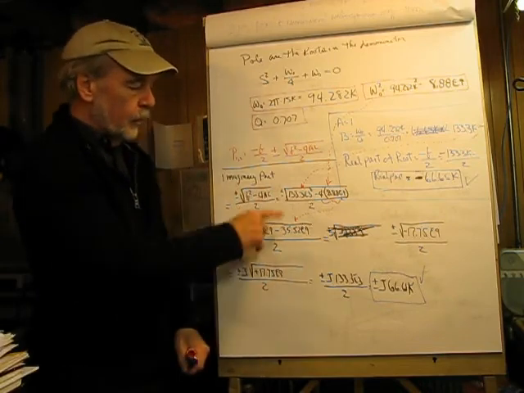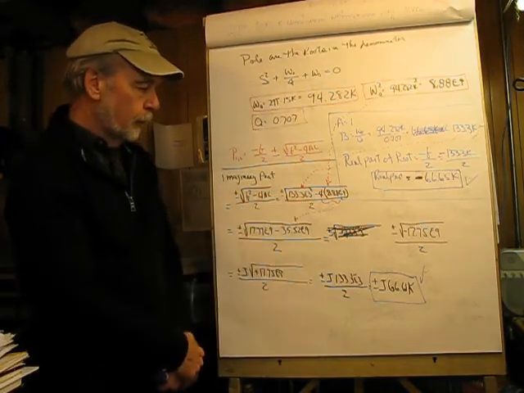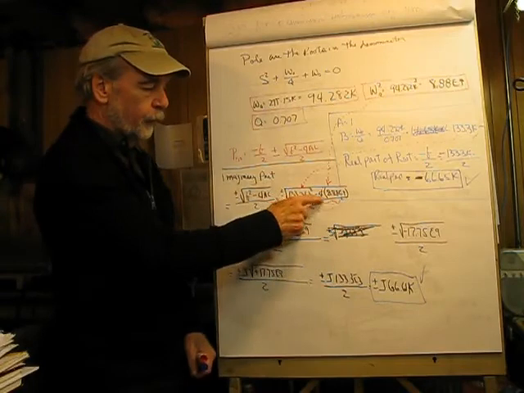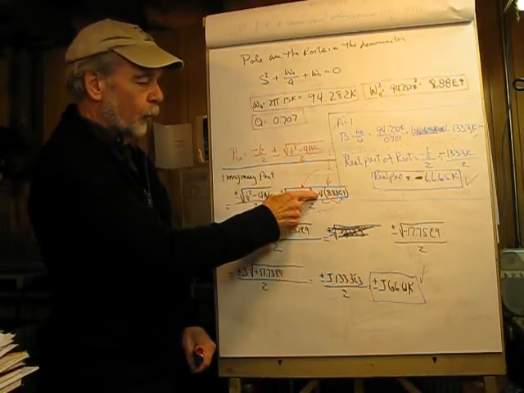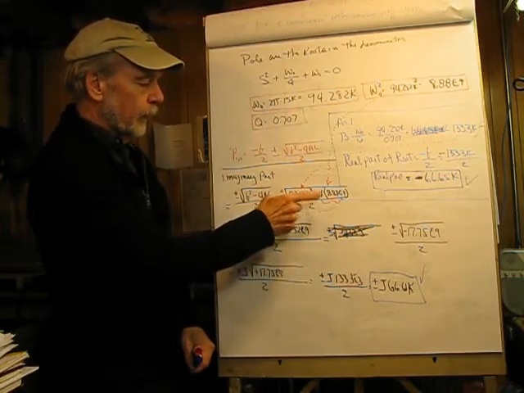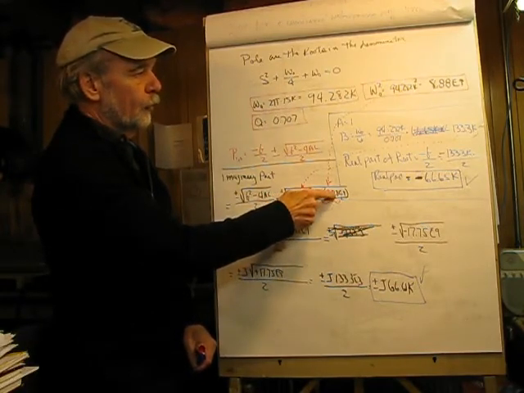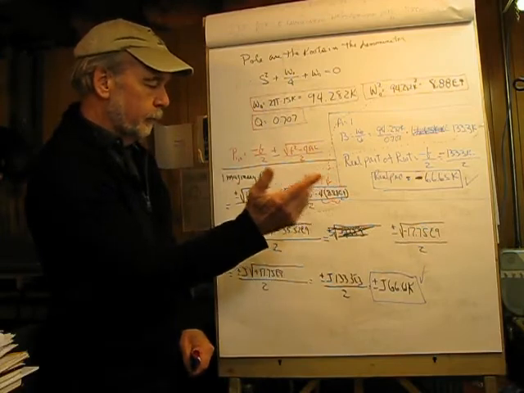Now I've substituted in my values for b squared minus 4 times omega squared.